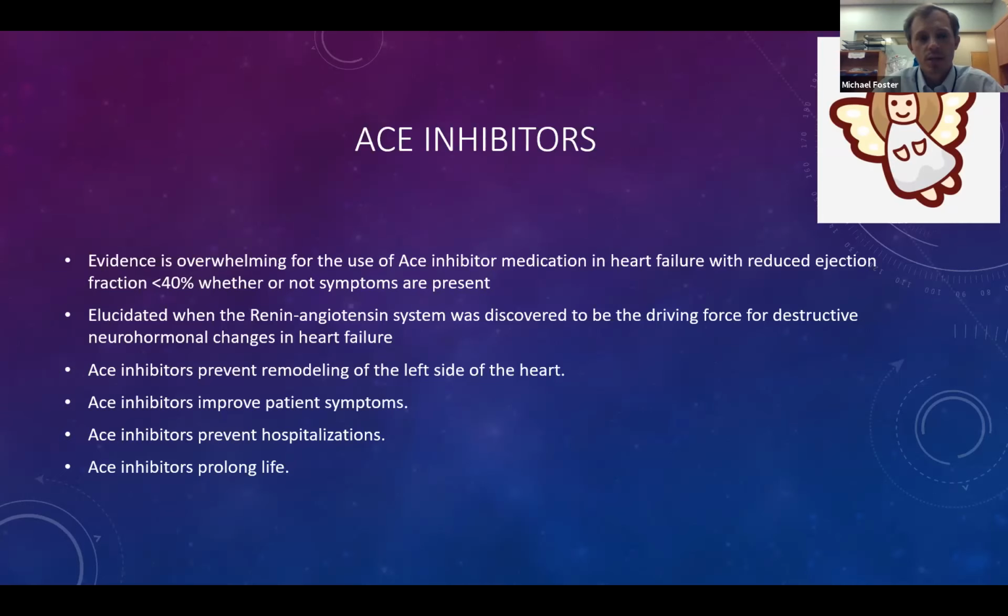When the kidney perceives that it's not getting enough blood flow, an enzyme called renin is released from the kidney. Unfortunately, the feedback will cause increases in blood pressure itself, thus sometimes worsening the pressure within the heart. It also causes some damaging remodeling inside the heart muscle, particularly with the term called fibrosis.